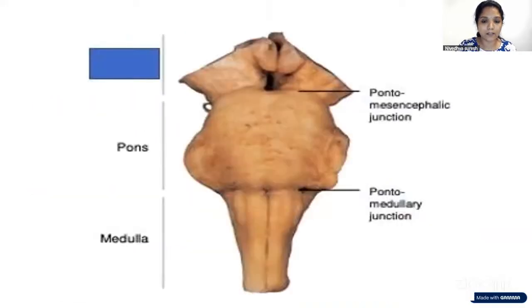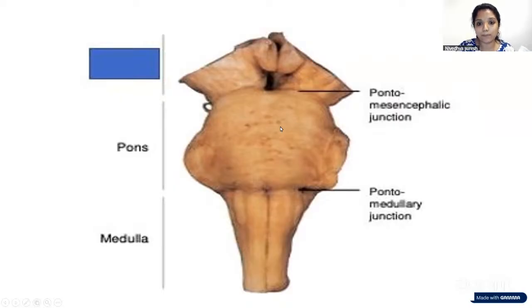Okay. See, guys, this is very important. This is the brainstem, and this part is the midbrain. This is the uppermost part, and this is the pons, the middle part, and the lower part is the medulla. And in between, you can appreciate in the diagram, this is the midbrain, or it is also called the mesencephalon, right?